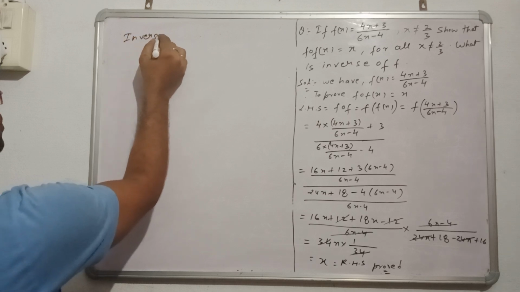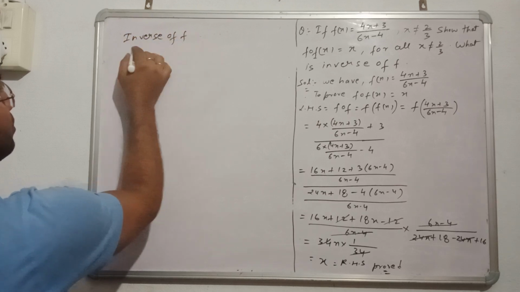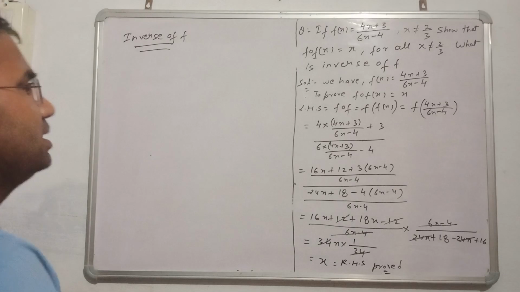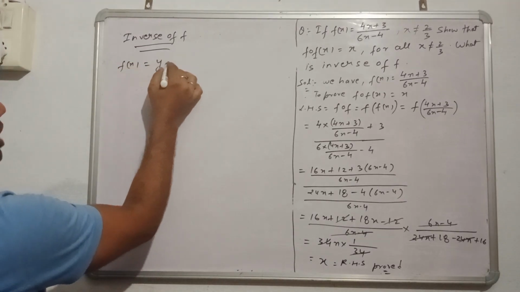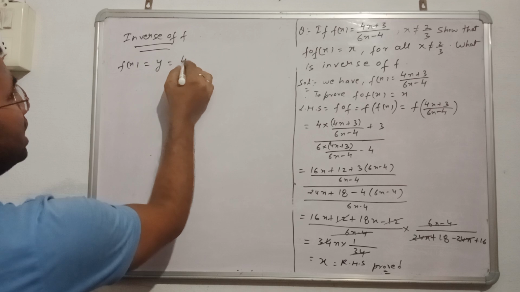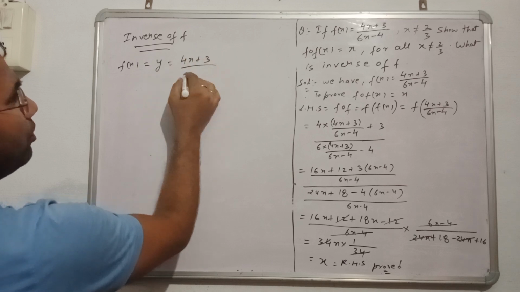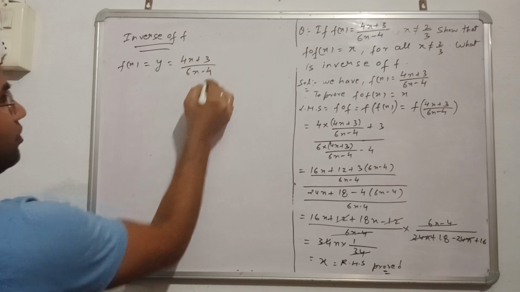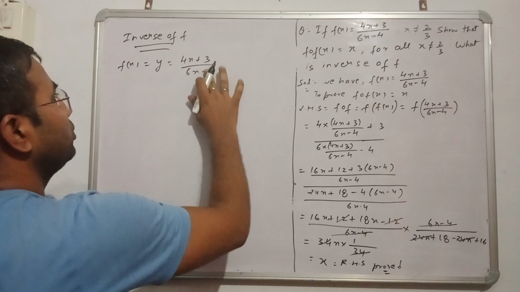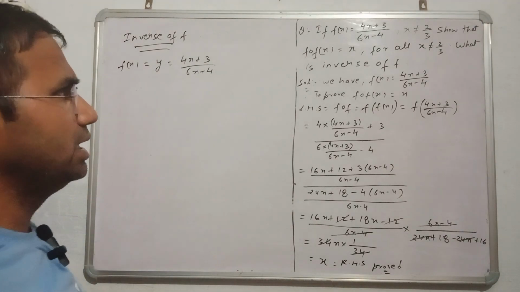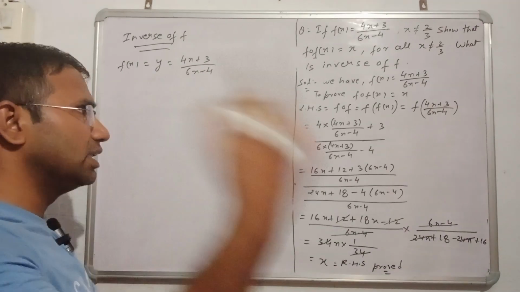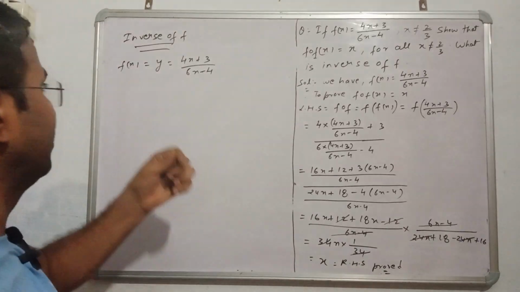Inverse of f means you have to put f(x) is equal to y, that is 4x plus 3 upon 6x minus 4. Inverse of f means you have to write x in terms of another variable.